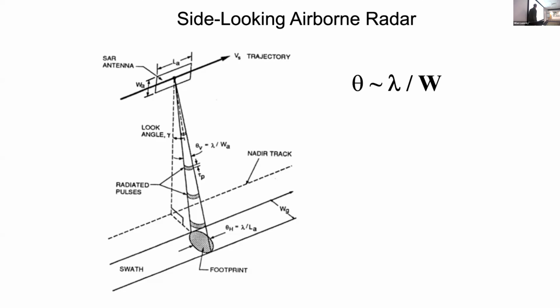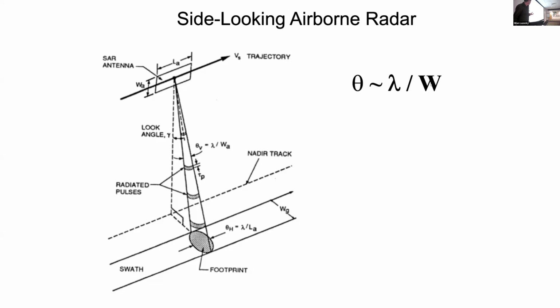And essentially, the key equation is that the angle that you send your beam out at from your antenna is roughly equal to the wavelength divided by the width of the antenna.